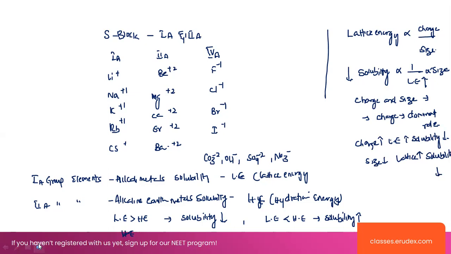Whenever in the comparison of P and D block elements, we will follow the solubility order according to Fajan's rule.